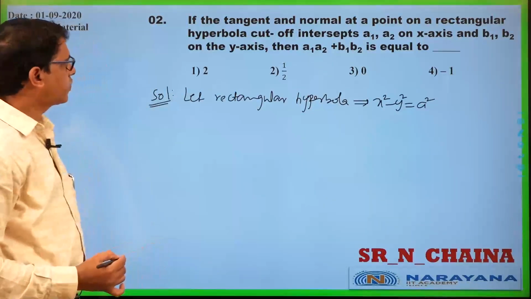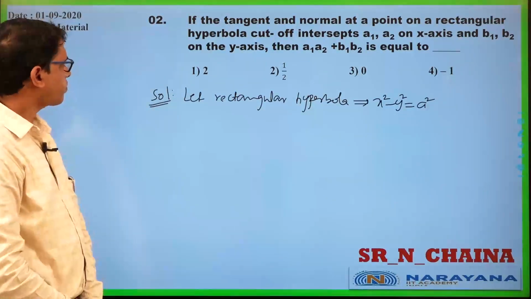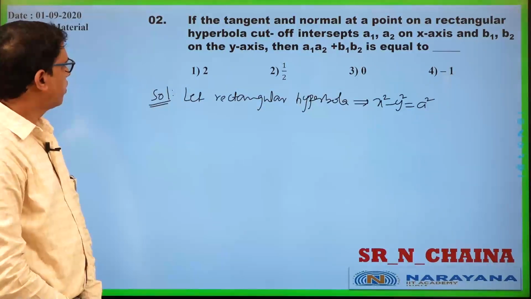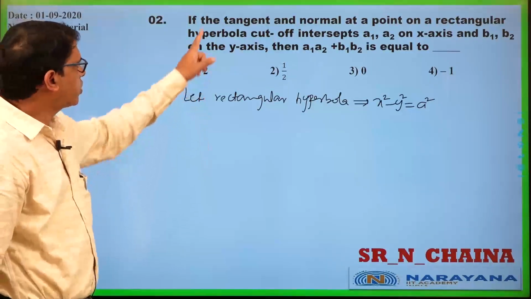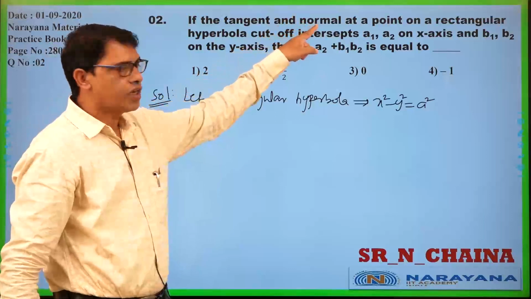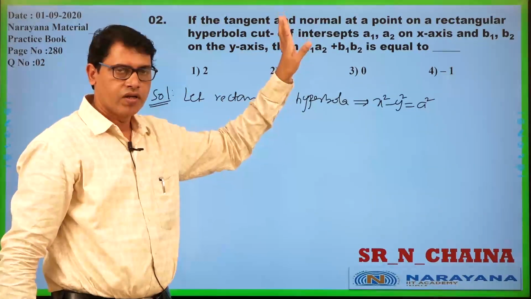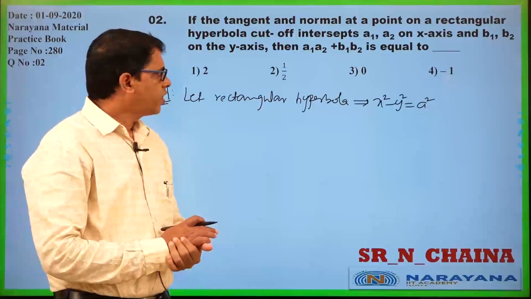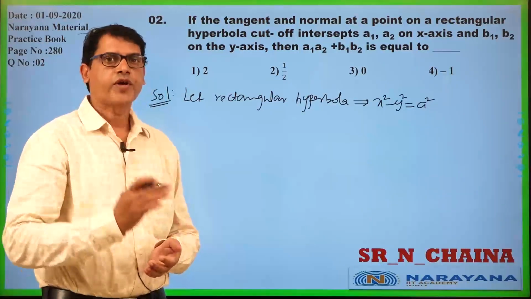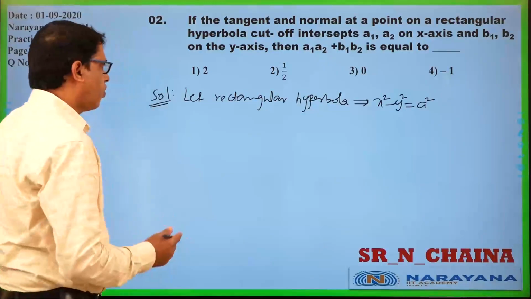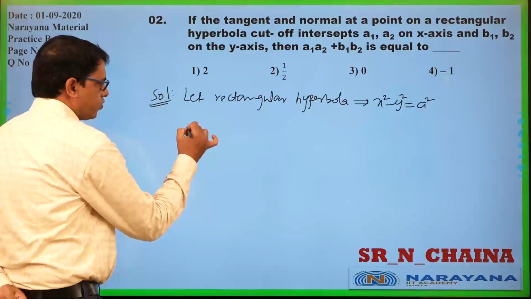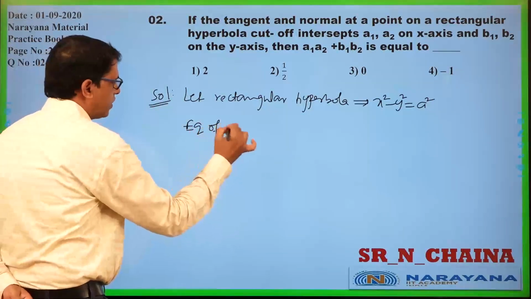Now we have to find the equation of tangent as well as the equation of normal. Let us take the tangent and normal in the parametric form. Now the equation of tangent.